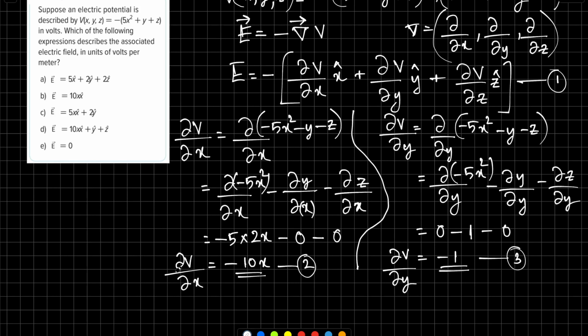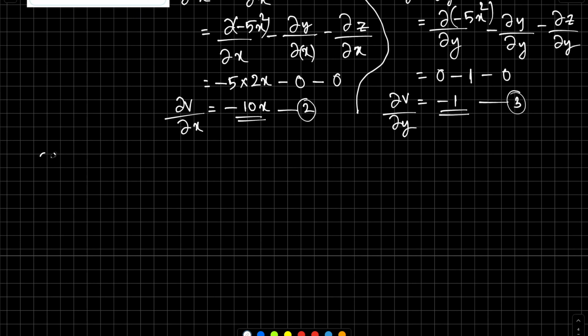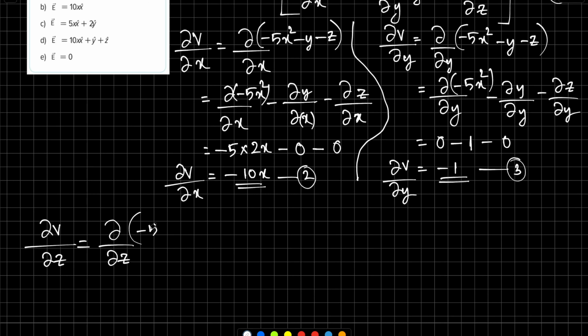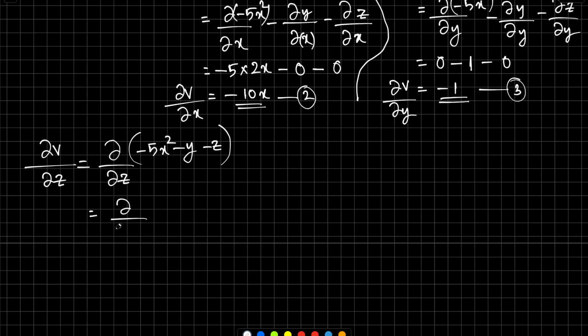So we found ∂V/∂x and ∂V/∂y. We have to find ∂V/∂z as well. So ∂/∂z of the same potential function, minus 5x² minus y minus z. ∂/∂z of minus 5x² minus ∂y/∂z minus ∂z/∂z.